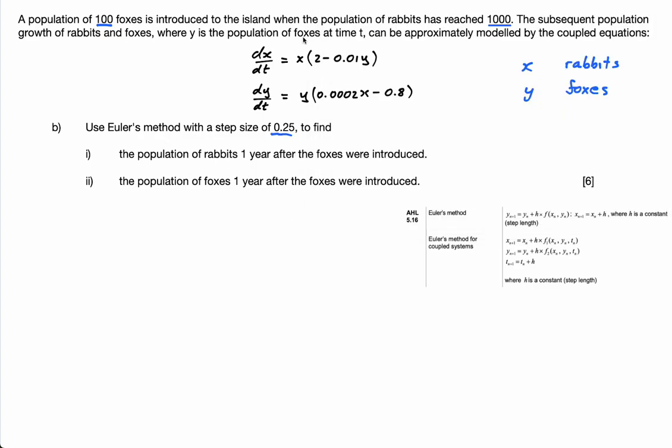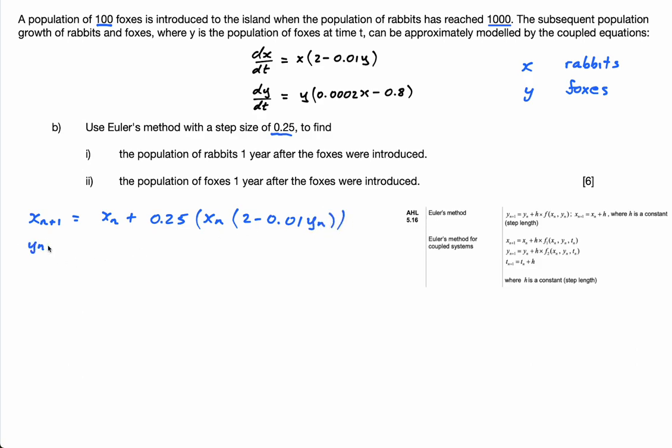Okay, so how do we do it? These are my coupled differential equations. They are the f of x, y, and t part of Euler's method. So x of n plus 1 is equal to xn plus h, which is 0.25, the step length, times xn times open bracket 2 minus 0.01 yn, close the bracket.